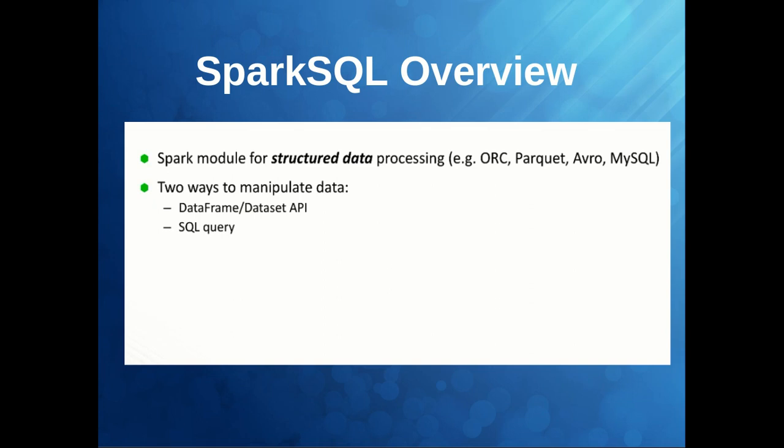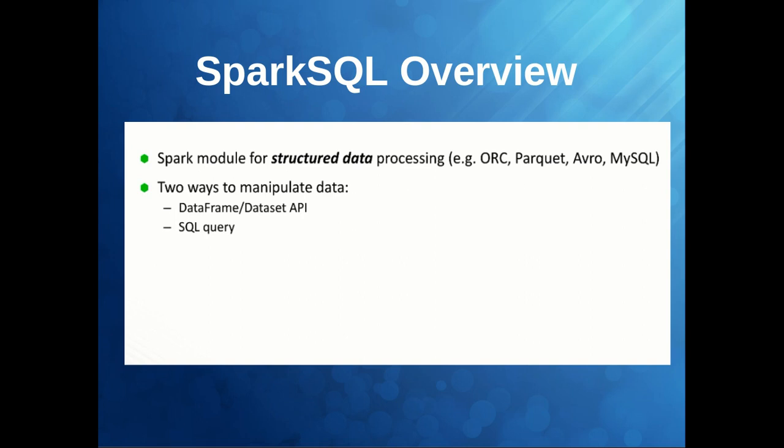SparkSQL Overview. We already discussed that it is a Spark module for structured data processing like ORC, Parquet, Avro, and MySQL. We can manipulate data using SparkSQL in two ways.